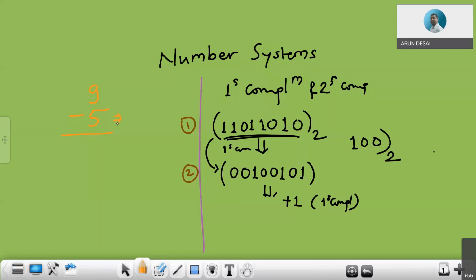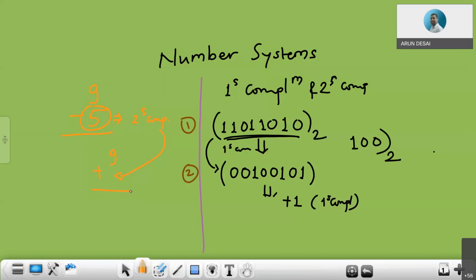Just for the sake of understanding, I'm taking decimal numbers, right? So in this case, this minus 5 is converted into two's complement form. And then after finding the two's complement of this 5, we add that two's complement to that 9, right? And we'll get a result for that. How arithmetic works with two's complement, we'll see later. But for the time being, keep in mind that two's complement is used for subtracting.